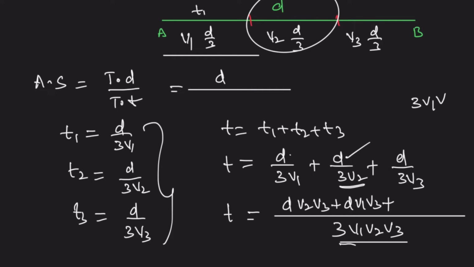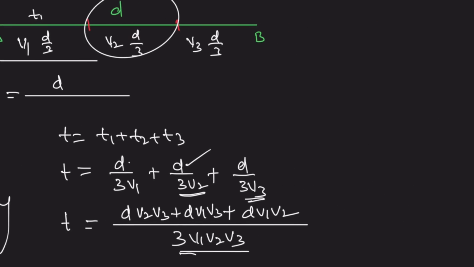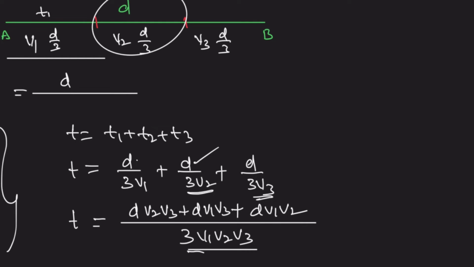Next, similarly, 3 v1 v2 v3 is divided by the denominator of the third term, that is 3v3. So 3 cancels, v3 cancels, then we get v1 v2. Now v1 v2 is multiplied with the numerator, then we get d v1 v2. So in all the terms of the numerator, d is common.